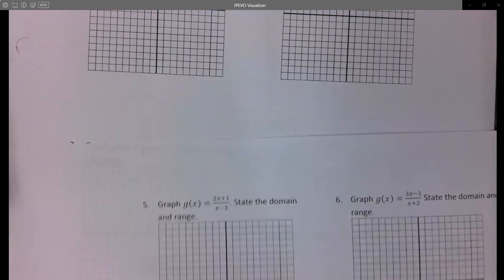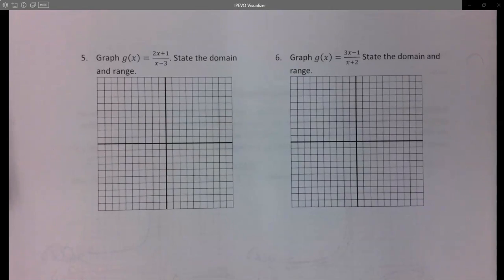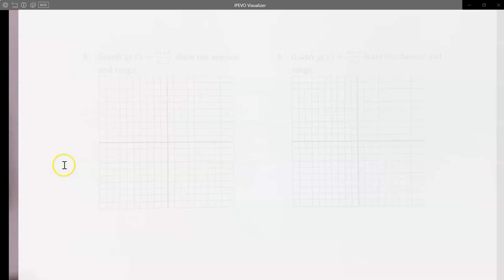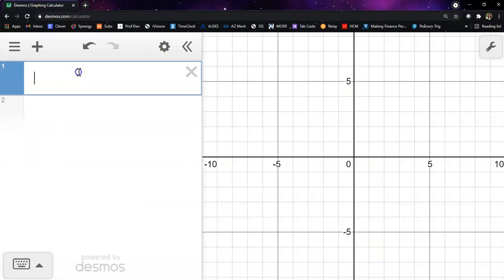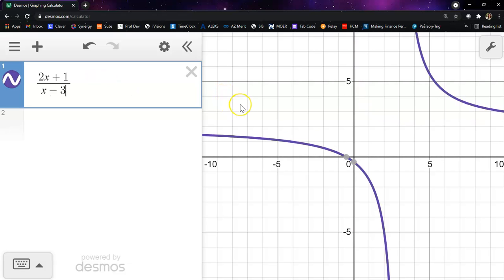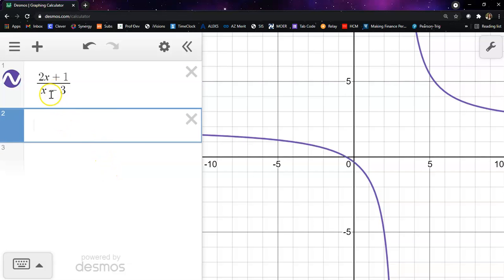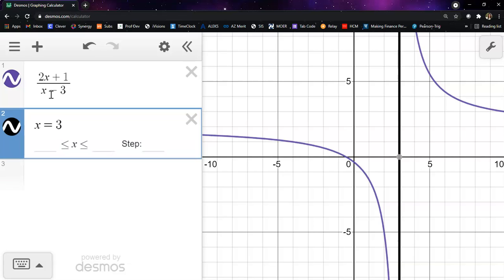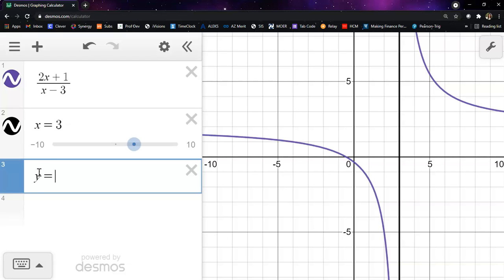So moving on to the one on the back, it wants me to graph this and then state the domain and range again. So this one looks a little bit different. So I just type it in. I know by looking at the denominator, I'm going to have an asymptote at x equals 3, because it's opposite the sign on the bottom. And then for my y asymptote, this one is the coefficients on my x divided by each other.